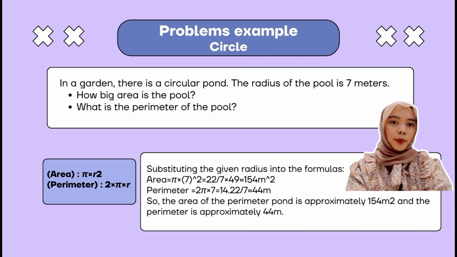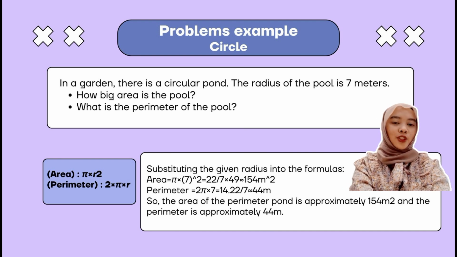Second, the perimeter: 2 times pi times 7 equals 14 times 22 divided by 7 equals 44 meters. So the area of the pond is approximately 154 square meters and the perimeter is approximately 44 meters.